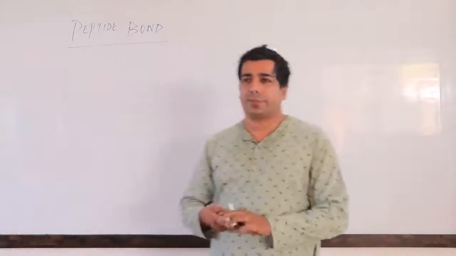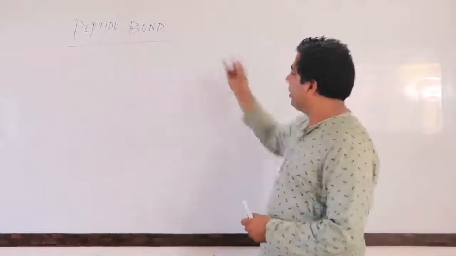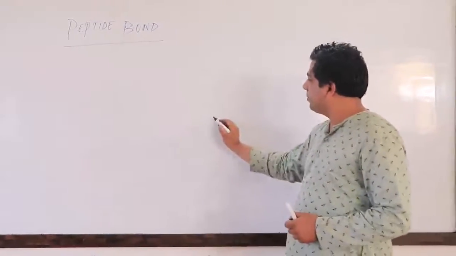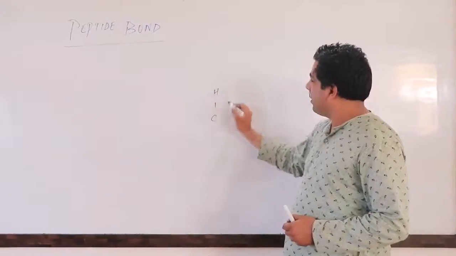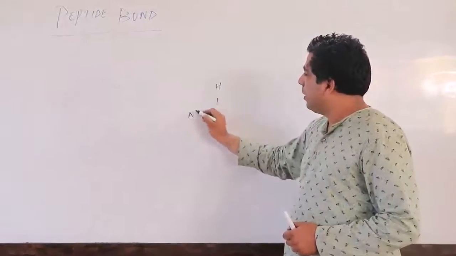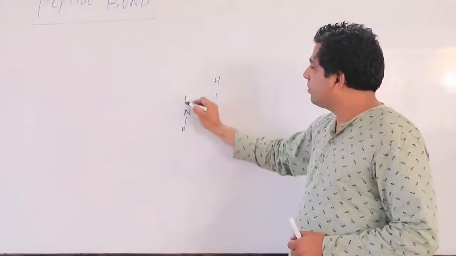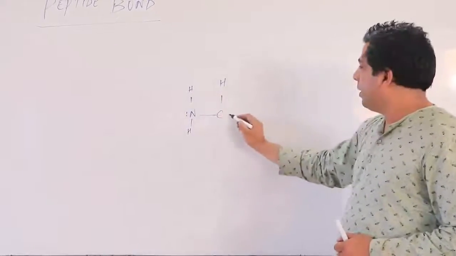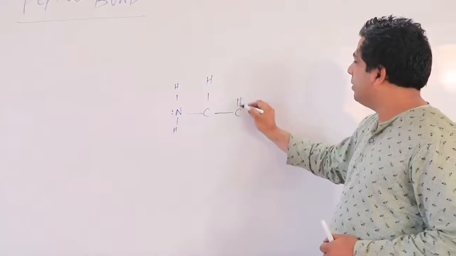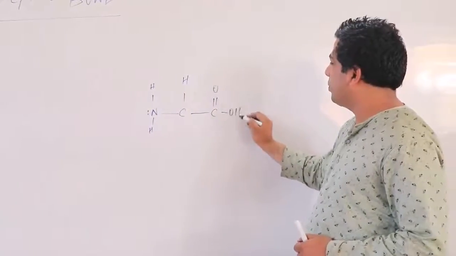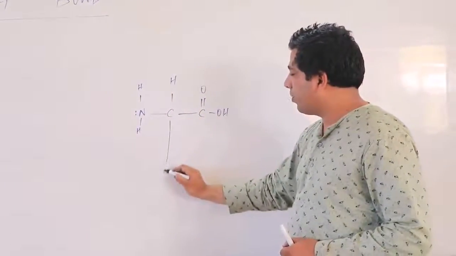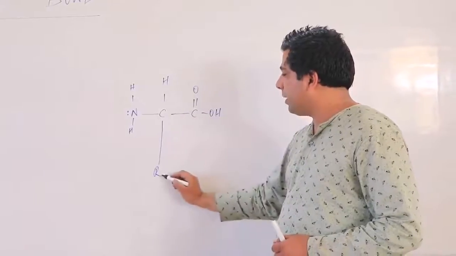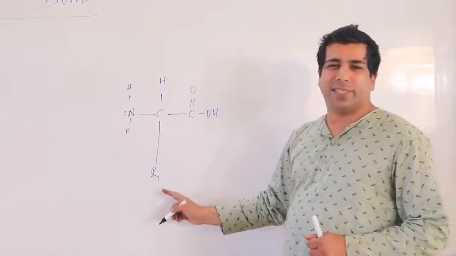Have a look. Let's take one amino acid. This is our NH2, and here we have the carboxylic group, that is C double bond O and OH, and here we have the R group. Let me call it R1, meaning any side chain you can take.